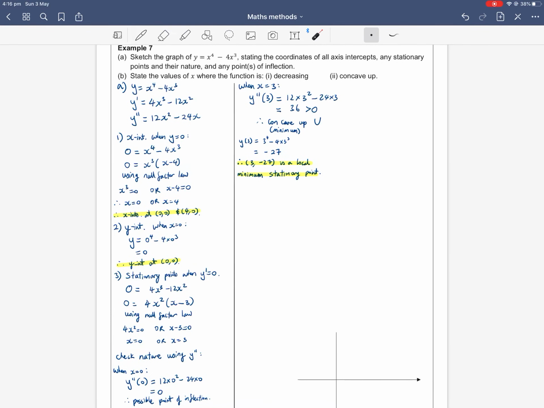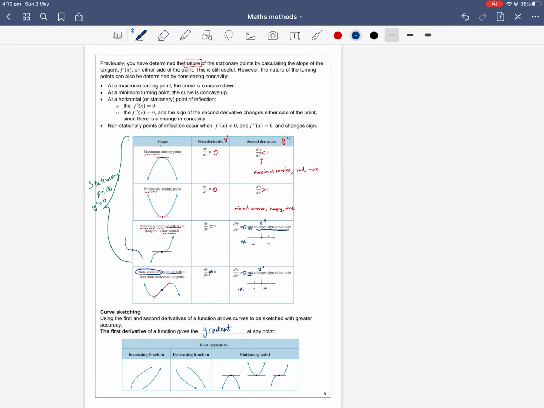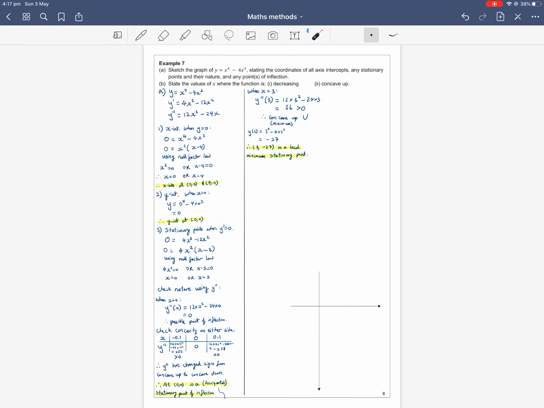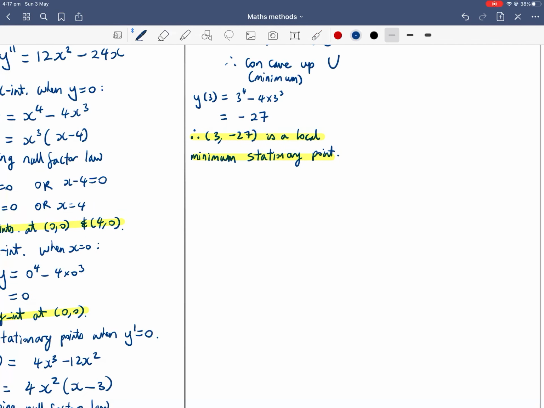The next step we need to look for is solving for any points of inflection. So back in the table, what's the property of a point of inflection? The key point of a point of inflection is, for starters, your second derivative is 0, and you have signs changing on either side. It's pretty much what we did last lesson.